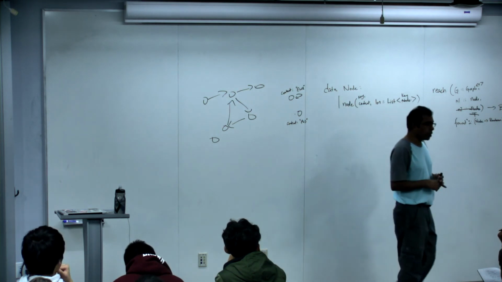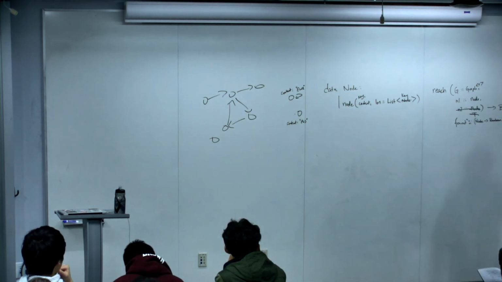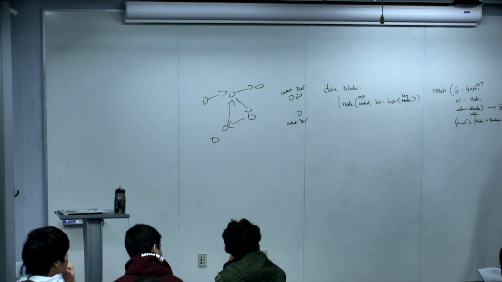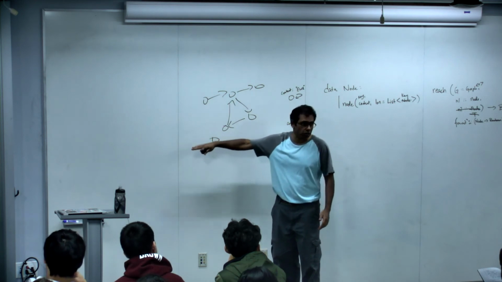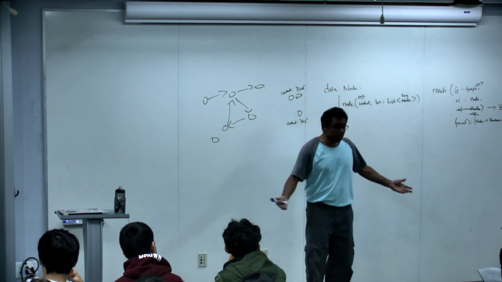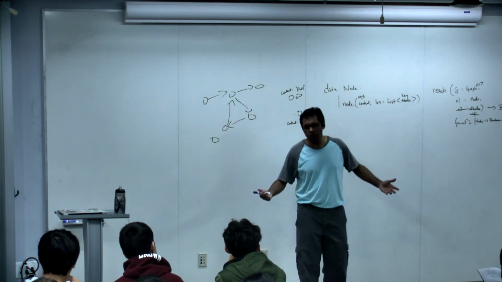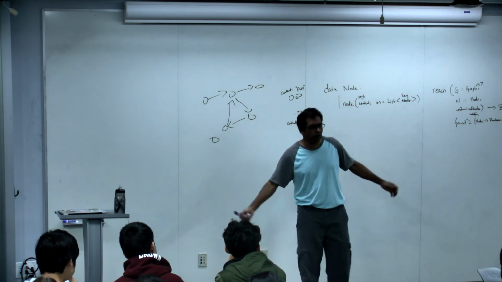Is it going to have to visit every node in the graph? Maybe. Yeah, maybe, right? It's a little subtle because if the graph is disconnected, then it's not going to actually visit all the nodes. But in the worst case, it's actually going to visit all the nodes. We're doing worst case complexity, so worst case it's going to visit all the nodes.